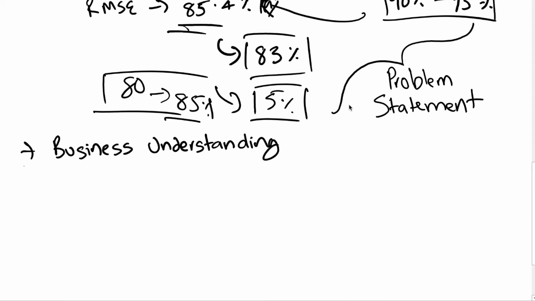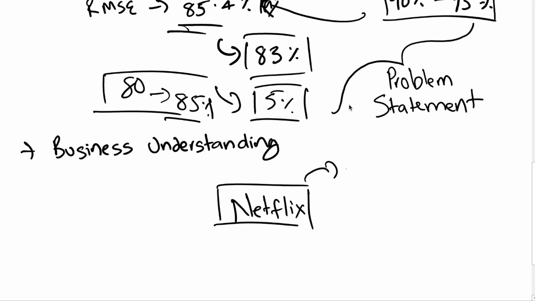Now, in business understanding, what you are trying to do as a data analyst is to understand how Netflix really works. Now, you would be interested to know how the management works.